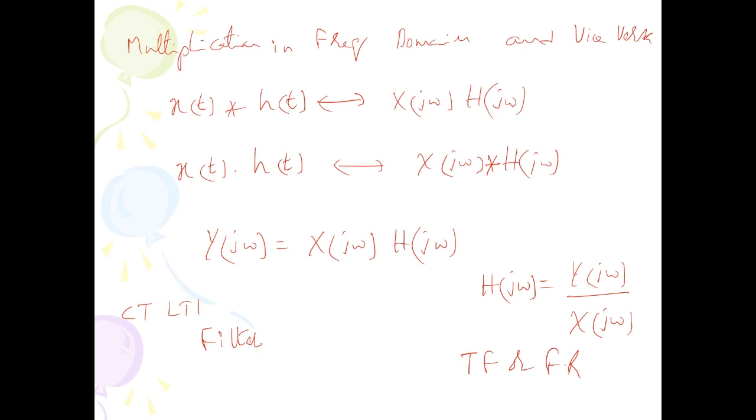We will see how. The output Y of j omega equals X of j omega into H of j omega, so based on the characteristics of H of j omega, some of the frequency components of the input signal may not be present at the output of the system.